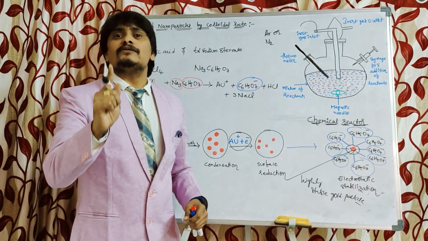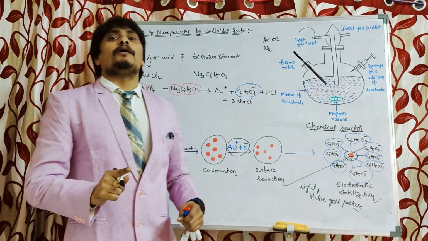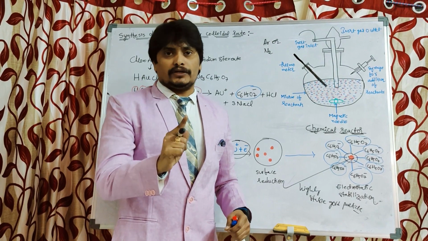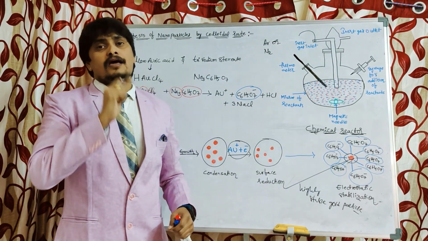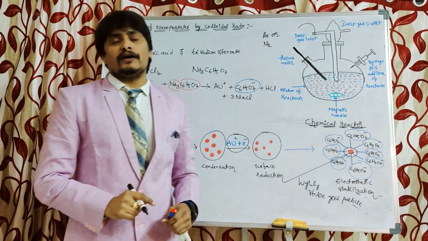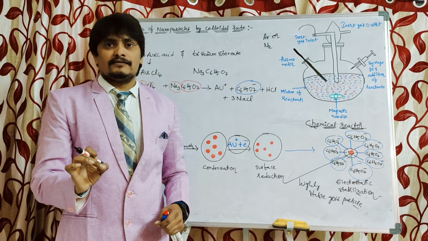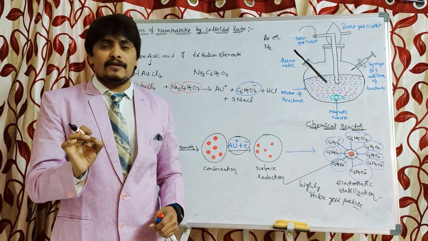That is the reason the nanoparticles formed by this colloidal route are highly stable. I hope you understood this process, students, and this is a very important route for the preparation of highly stable nanometals and highly stable nanoalloys.